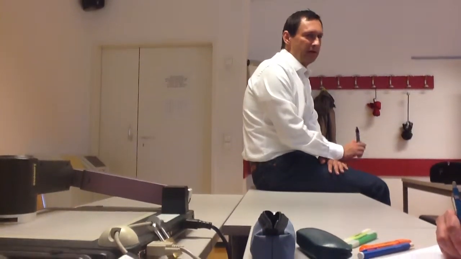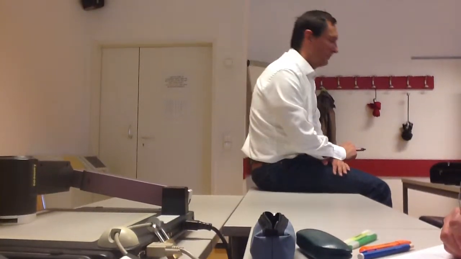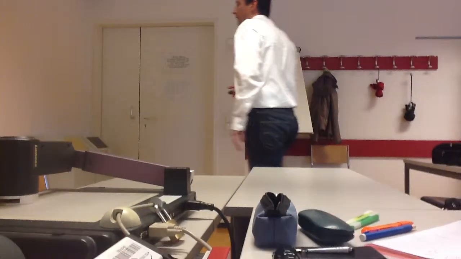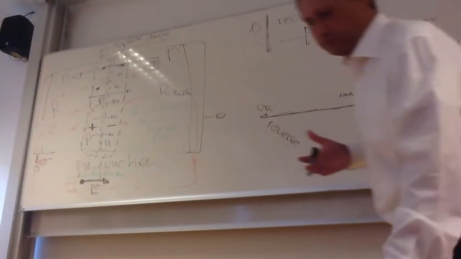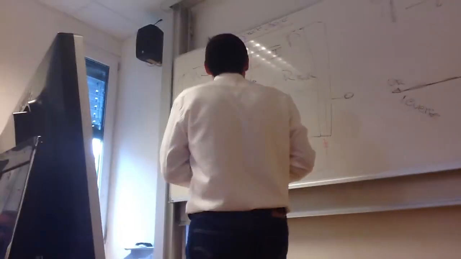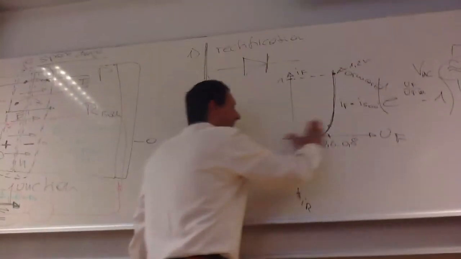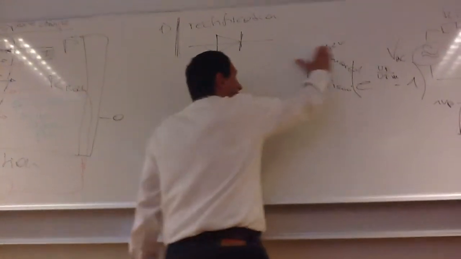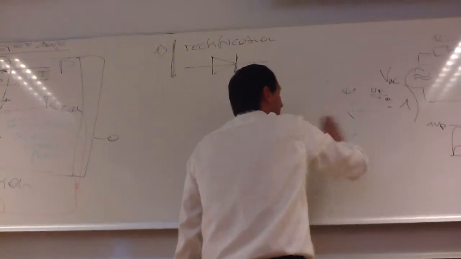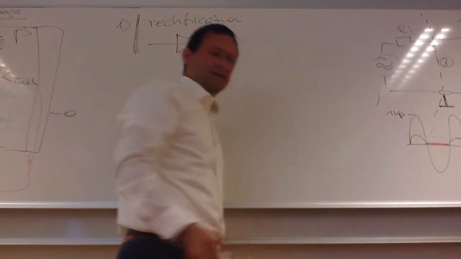So that's when we are using the PN junction as a rectifier. And the second application is if we are using the PN junction as a power source, then we are calling it a solar cell. But nevertheless, it's the same physics behind that.